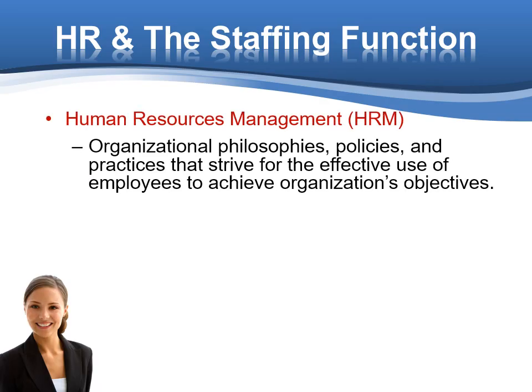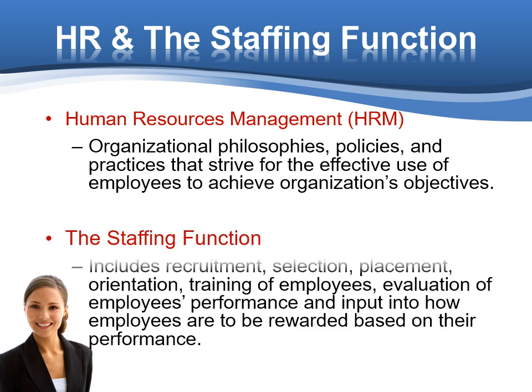So, the human resource management system is where the organizational philosophies, policies, and practices that strive for the effective use of employees to achieve the organization's objectives. So, in other words, we want to cover everything that the people who are employed by the company do to achieve the organization's objectives.